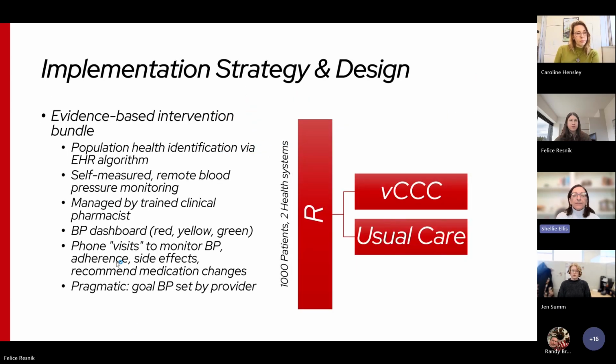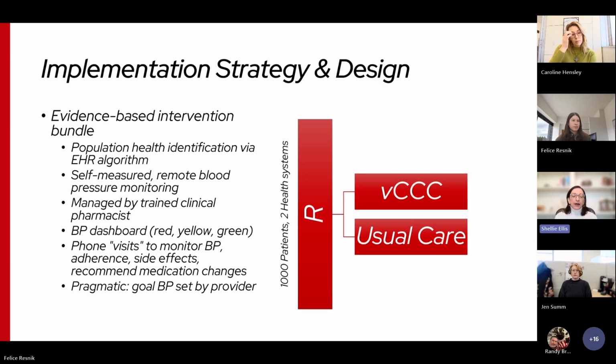So as Felice had mentioned, there are 11 different guidelines that talk about controlling hypertension in clinical settings. And they all say it's a good idea, and there are a lot of evidence-based interventions that have been developed and that we know work to address these issues, but they're really not used outside of clinical trial settings where they were developed. So we took several of these things and bundled them together and eventually tested the effectiveness of this bundle.